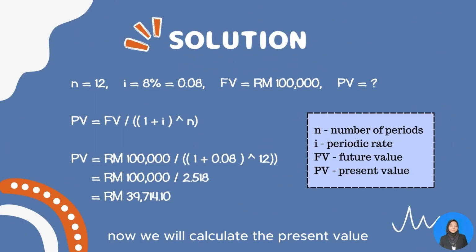Now we will calculate the present value by substituting into the formula: present value equals future value divided by (1 plus periodic rate) to the power of number of periods. Using a calculator, we get the final answer 39,714.10 ringgit Malaysia.